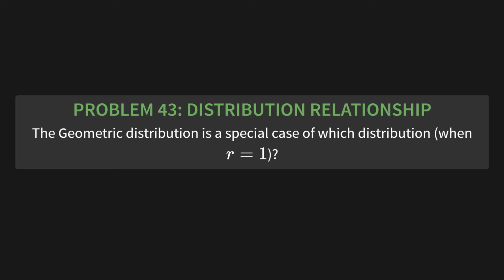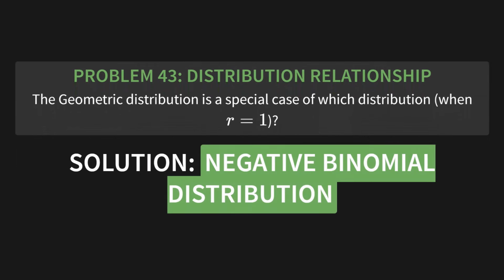The geometric distribution is a special case of which distribution? When r equals 1, negative binomial distribution.